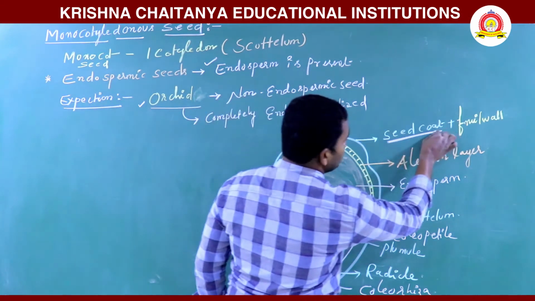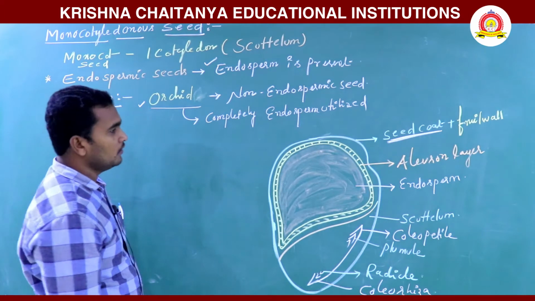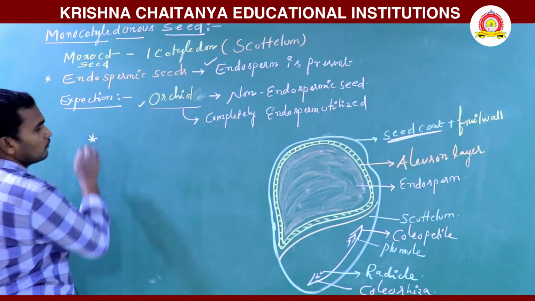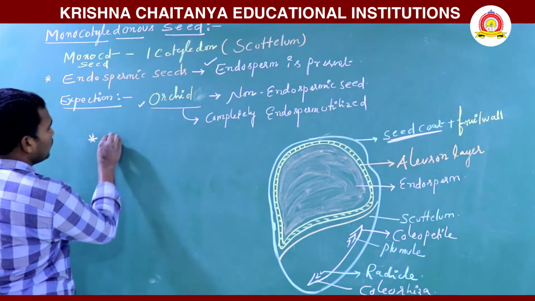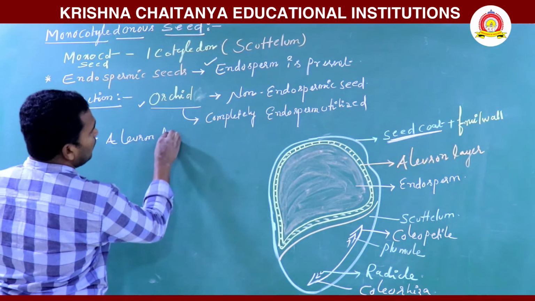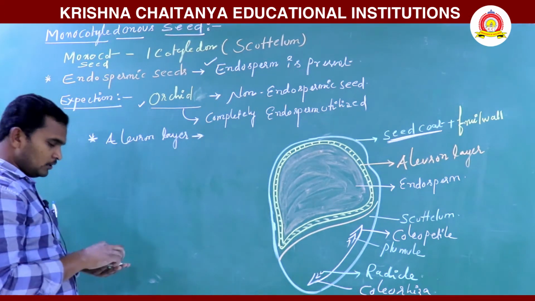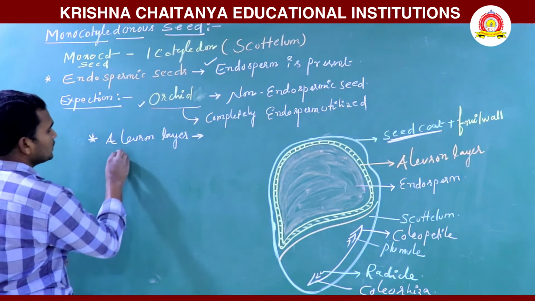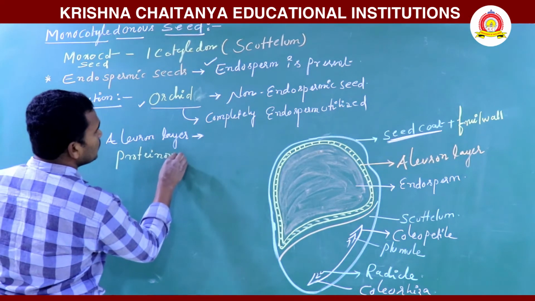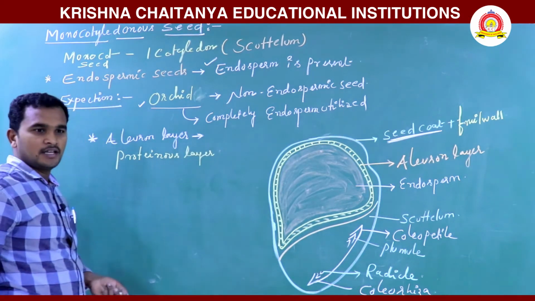See here, the outermost layer is the seed coat and the fruit wall. Here we are discussing the aleurone layer. The aleurone layer is nothing but a proteinaceous layer.